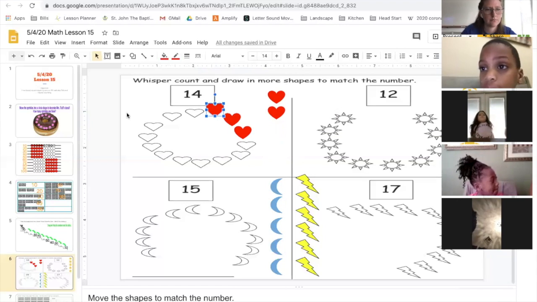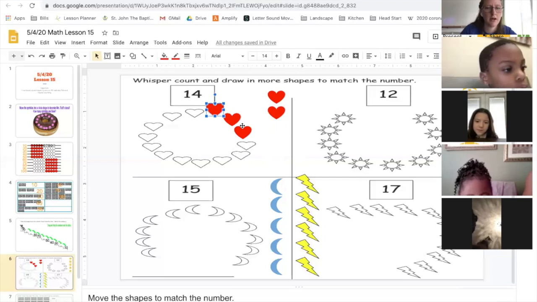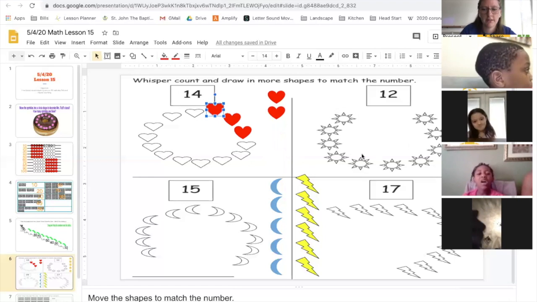Does the 14 match this number? Yes. 14 and 14. So we moved enough hearts that we now have 14 in our circle, which matches the 14 at the top.